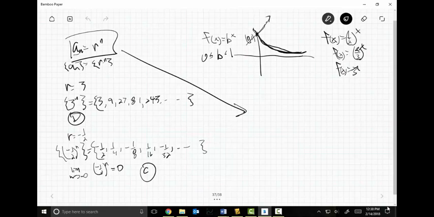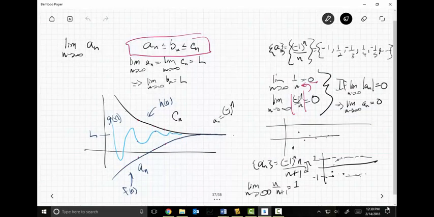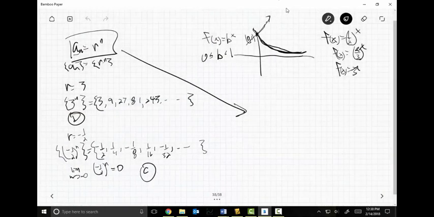Now, we already know that behavior between 0 and 1. Again, by this theorem, if I take the absolute value of negative 1/2, so if I have negative 1/2 in here for r, it's going to behave the same at infinity as 1/2 to the x.